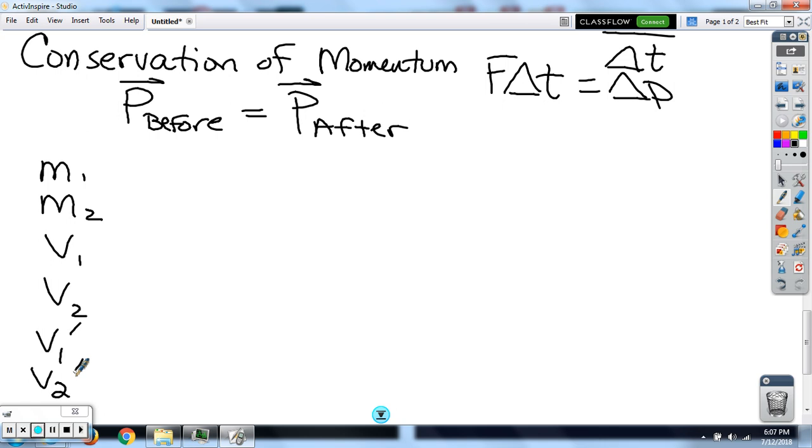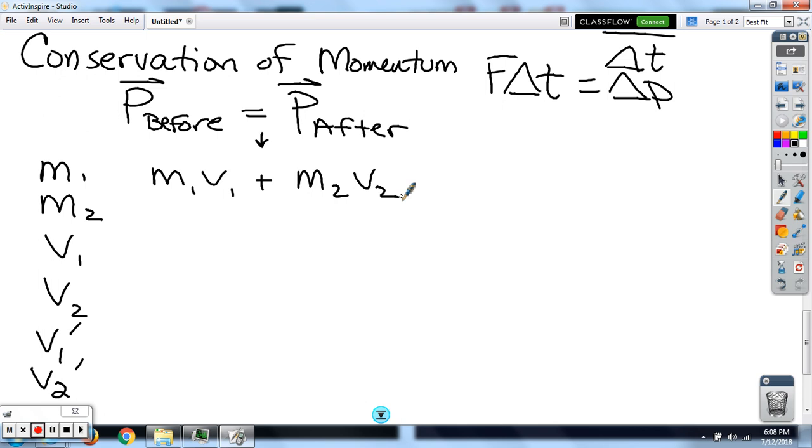So what this expression translates into for a system of 2 particles like this in 1 dimension is m1 v1, that's the momentum of the first object, plus m2 v2, which is the momentum of the second object.